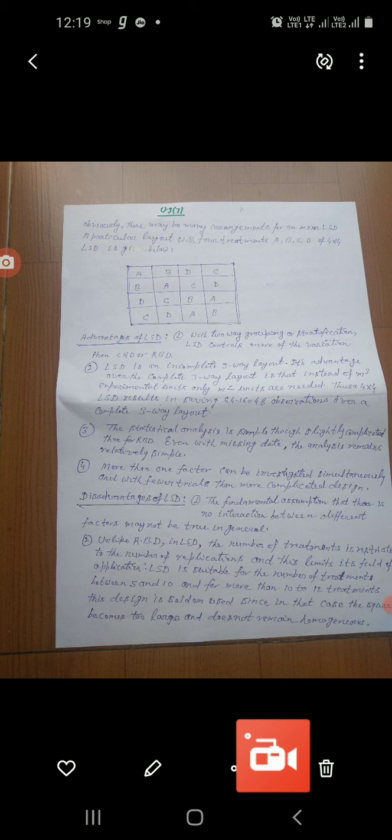Second point is that LSD is an incomplete three-way layout. This is an important point.